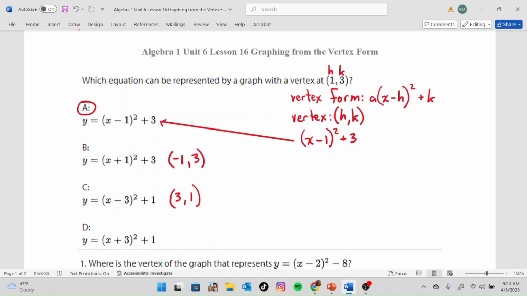So this vertex is actually at the point (3, 1), not (1, 3). And then our choice D here, because it's x plus 3, that means h would need to be -3, and then k would be 1. So this vertex would actually be at the point (-3, 1).